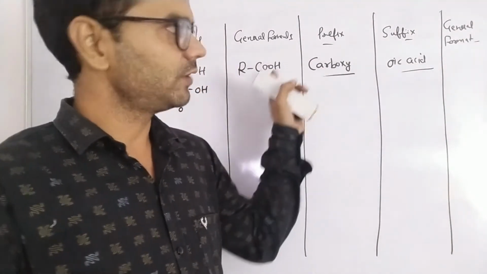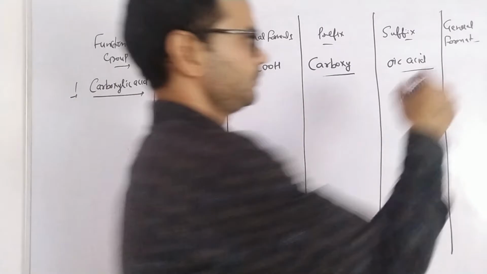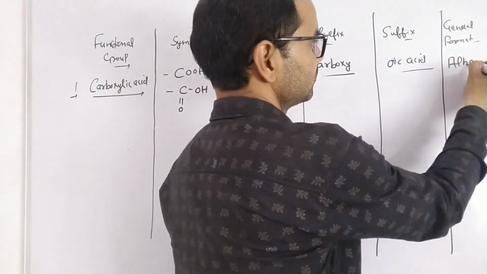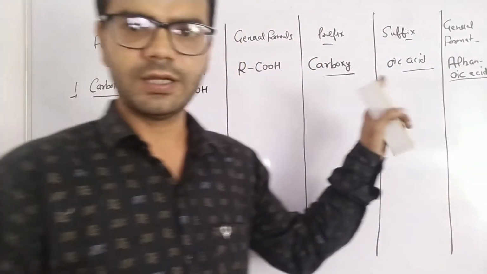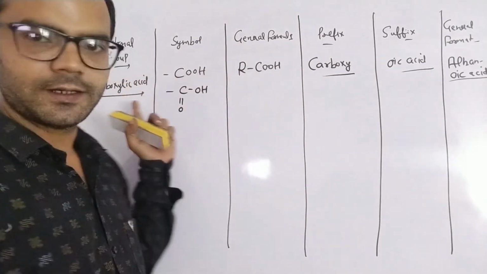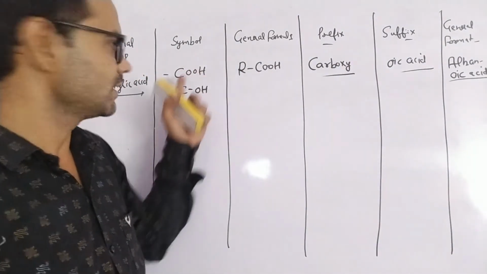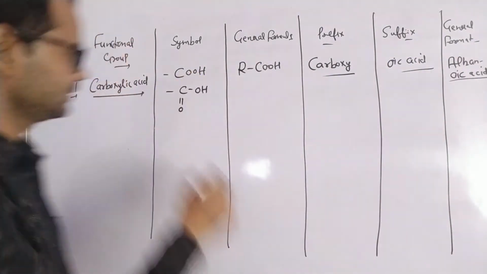So if it is attached with any alkyl chain, alkane, then the general format is alkanoic acid. This is the first functional group, carboxylic acid. Main thing is the symbol COOH.